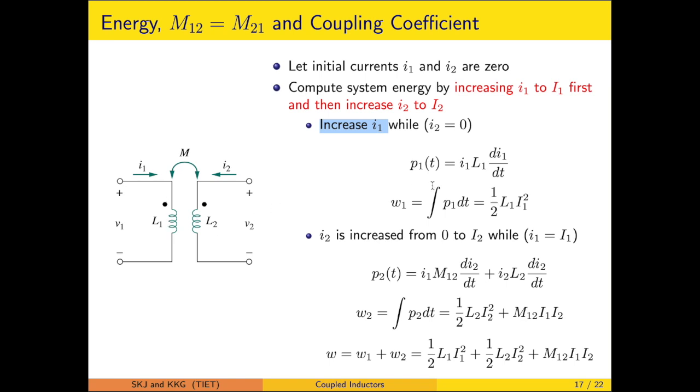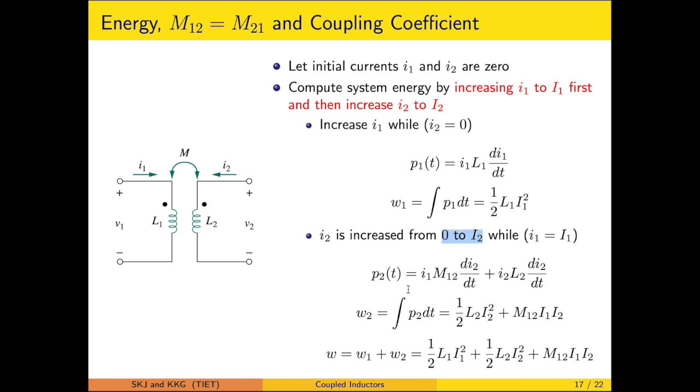The induced voltage is L1 di1 upon dt. The power is voltage multiplied by the instantaneous current, so I1 L1 di1 upon dt. When we integrate, because only the current is increased from 0 to capital I1, this gives half L1 I1 square. Now I1 is kept at the capital I1 level, and I2 is allowed to increase from 0 to capital I2.